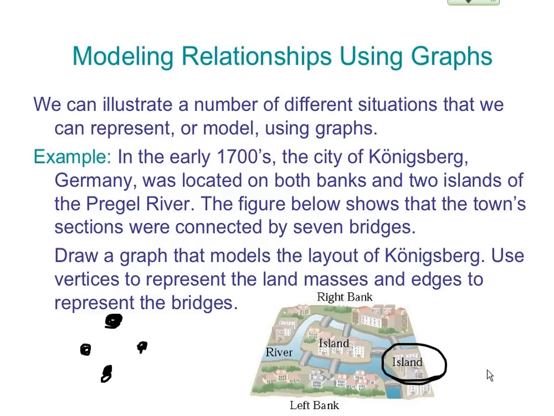Now we need the 7 bridges. So we have 2 bridges going from the right bank to this first island. We have 1 bridge going from the right bank to this island. We have 1 bridge going between the 2 islands.